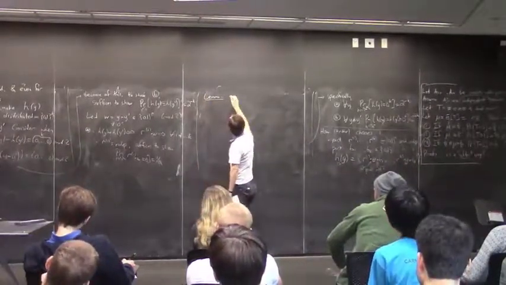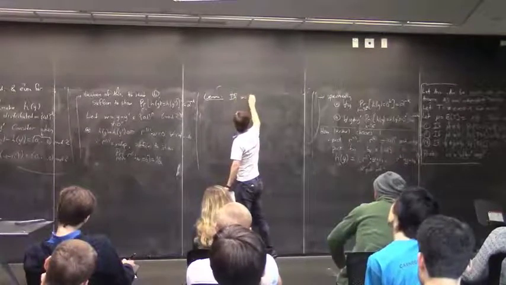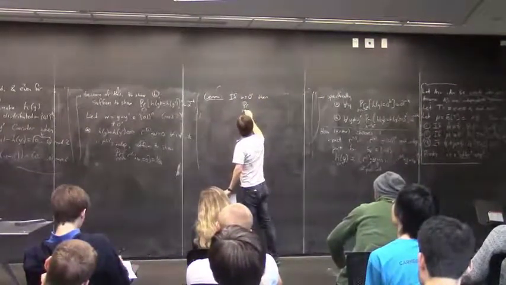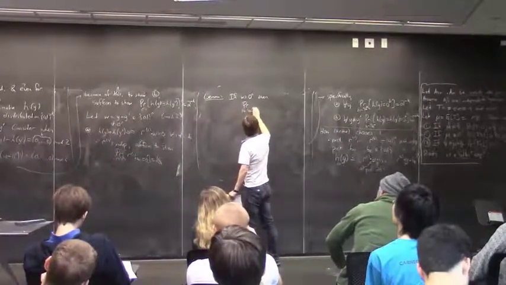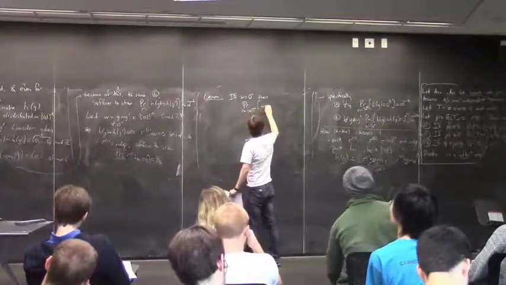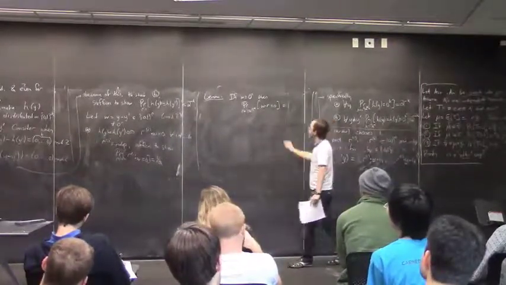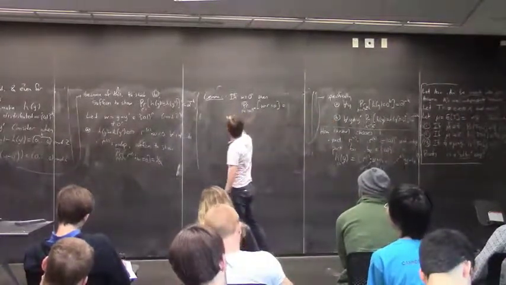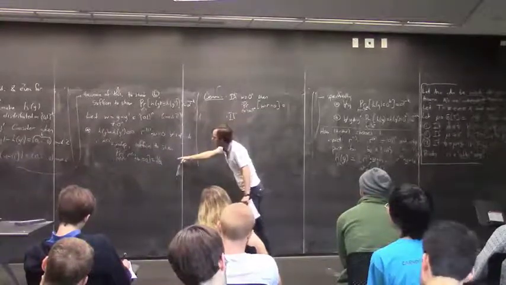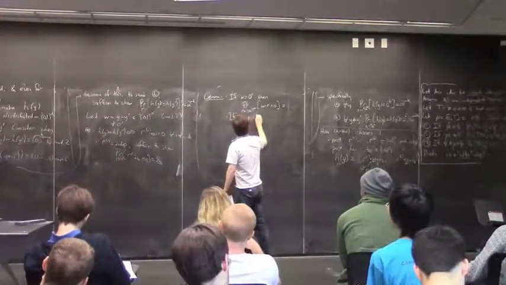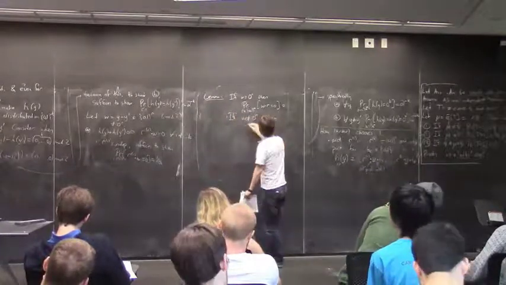Hardly needs the name lemma, but if w is all zeros, then of course, if R is chosen at random, the probability that w dot R is 0 is of course 1. We don't really need that, but this one is obviously true. If w is not all zeros, then the probability is a half.